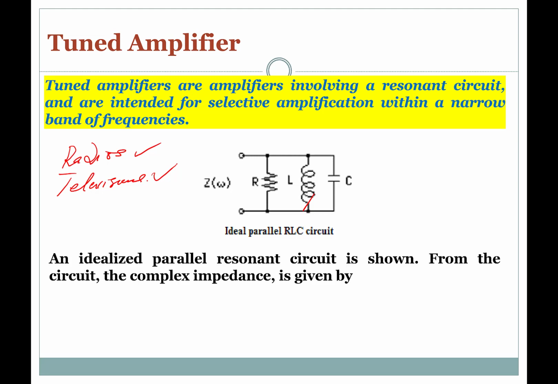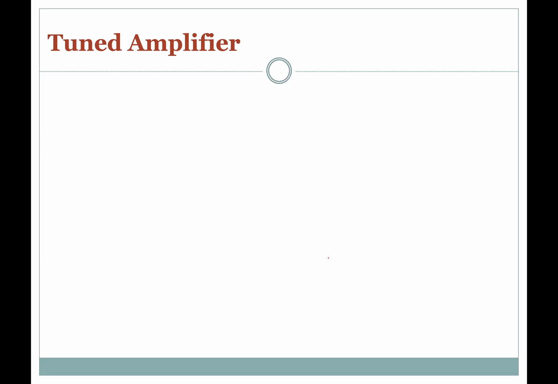Now let's consider the ideal parallel RLC circuit above. This circuit is considered to be an ideal parallel circuit. So we're going to do some analysis with this parallel circuit to derive some equations for the tuned amplifier, which we would use later on in our calculations.